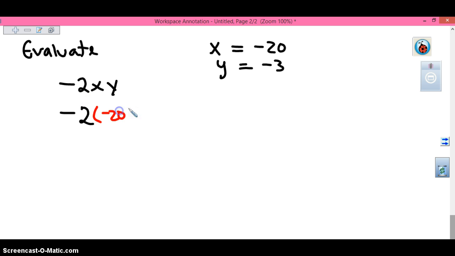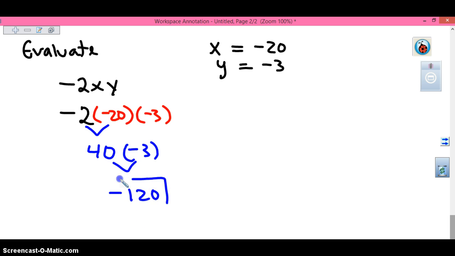X is negative 20, y is negative 3. Does it matter what order we multiply in? No. So let's start multiplying. Negative 2 times negative 20 is positive 40. Positive 40 times negative 3 is negative 120. A positive times a negative is a negative. Right?